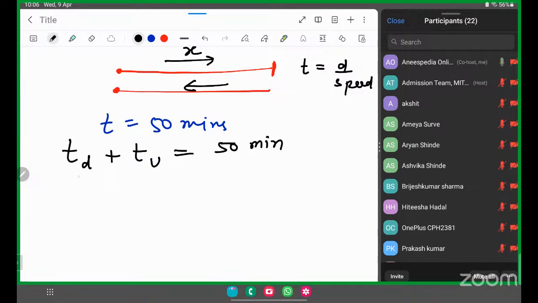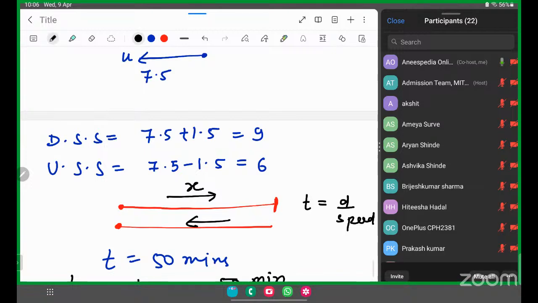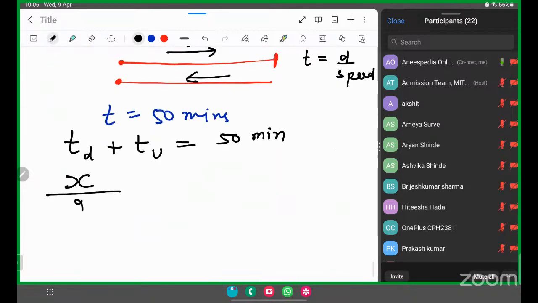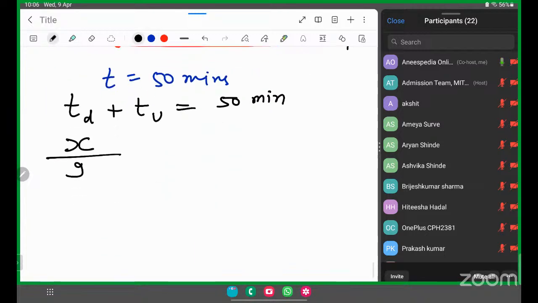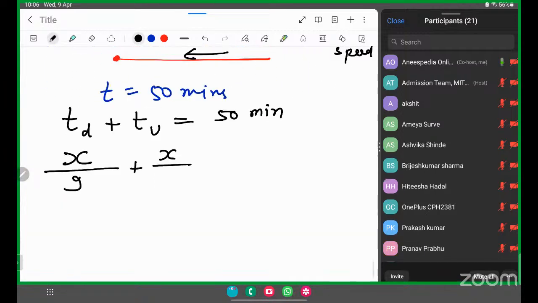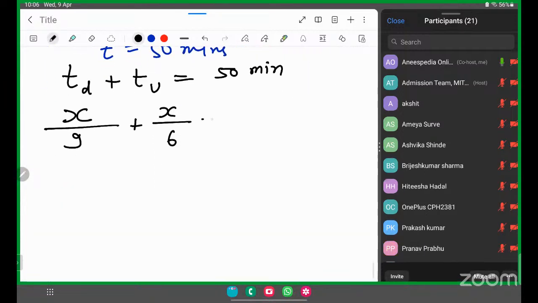Now time taken in downstream will be distance in downstream divided by speed downstream. Speed downstream is 9 and this is given in kilometer per hour. So time will be in hours, plus x divided by upstream speed 6. This time is again in hours.